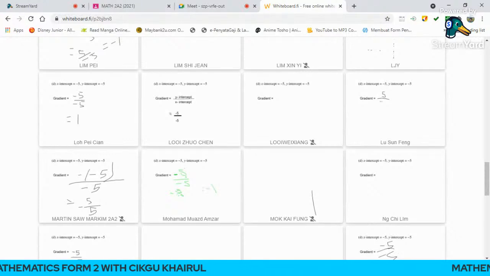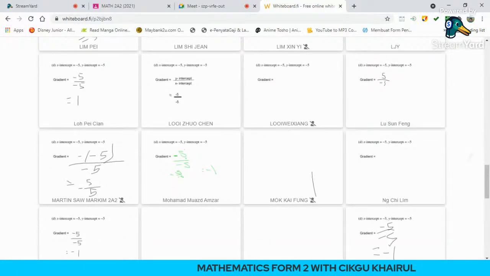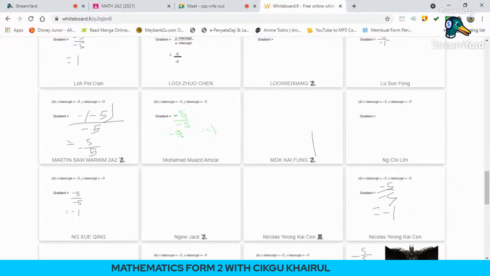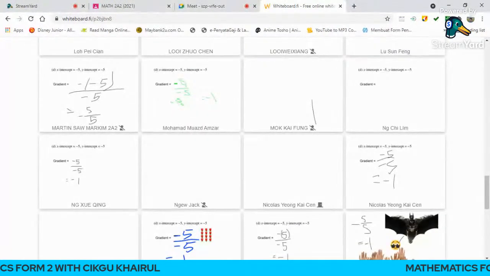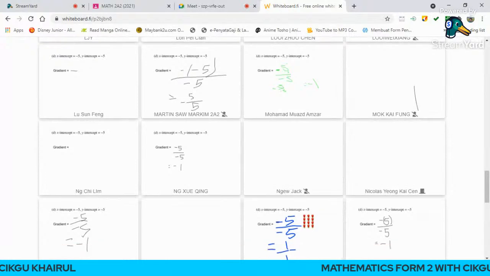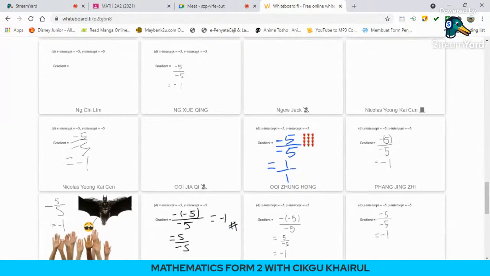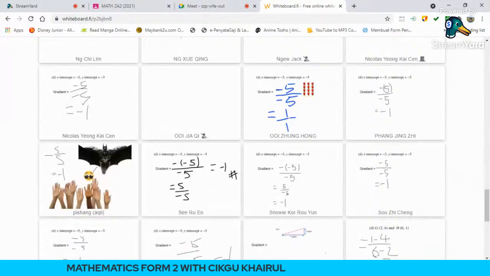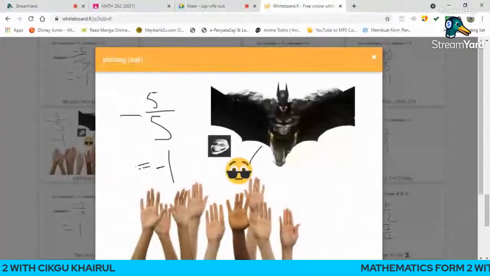Louis Wu Chen, negative 5 over negative 5, no final answer. Lo Pei Chen, you wrote 1. Muhammad Muaz got negative 1. Akil Zafran got a Batman sticker, and you wrote the answer negative 1.